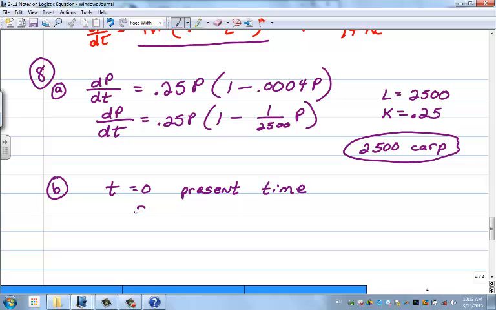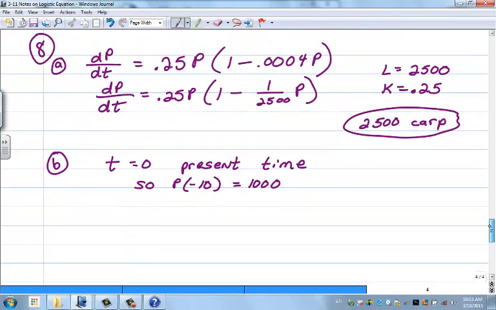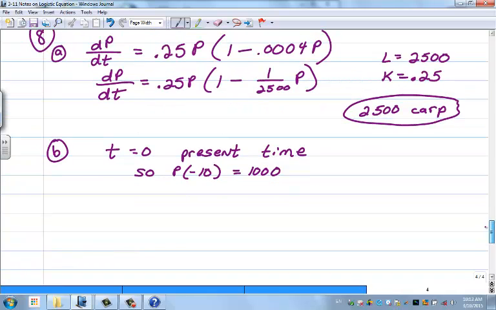So P of negative 10 is equal to 1,000. So I'm not sure where that came from. So I'm going to take that 1,000.